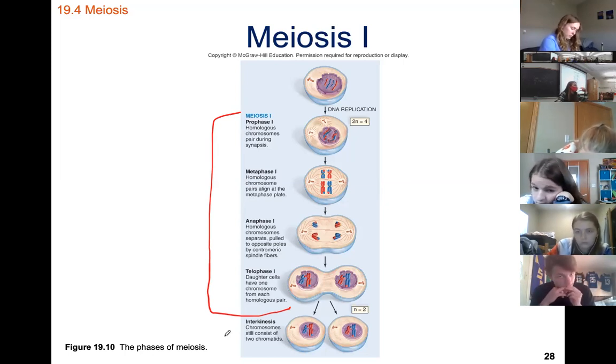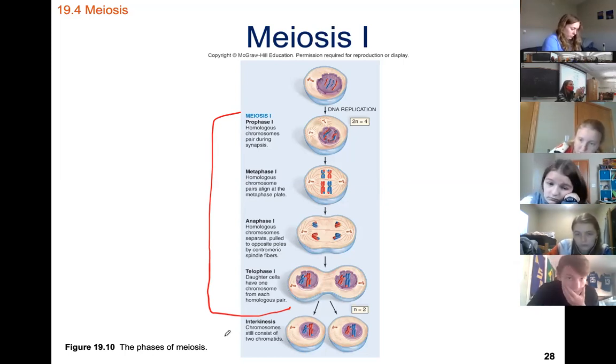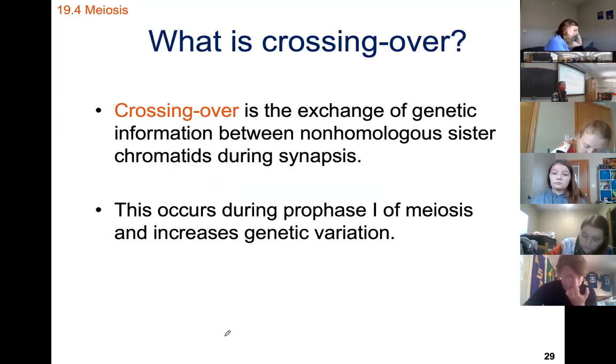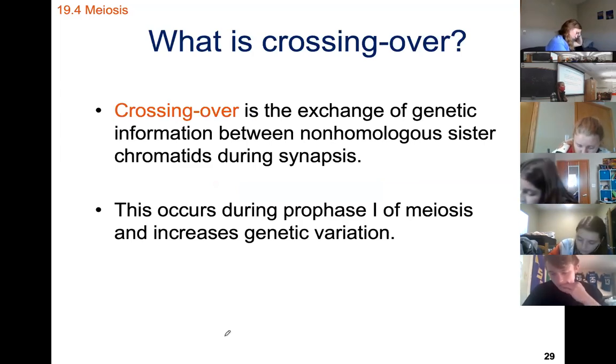We want to make another separation so that we have 4 haploid cells. Okay, but before we move any further, it's important that I talk about what crossing over is. That's happening during that prophase. It's where there's an exchange of genetic information between non-homologous sister chromatids during synapsis. Okay, so what do those words mean?